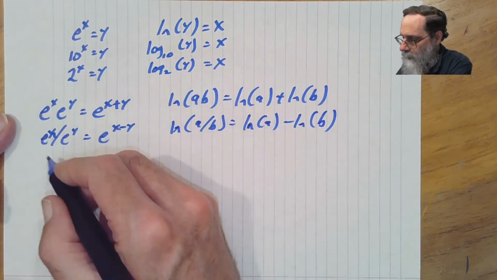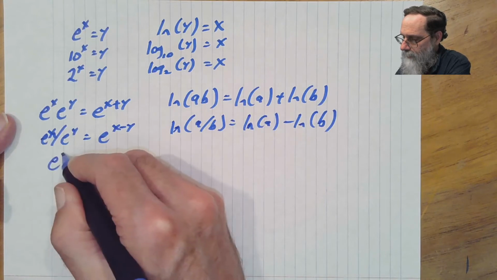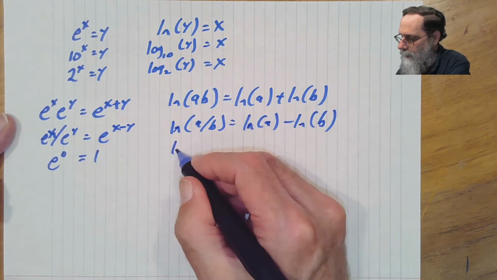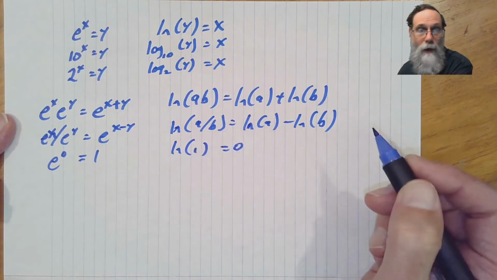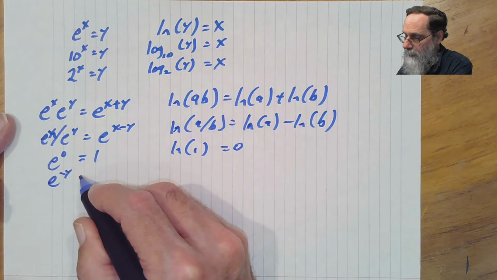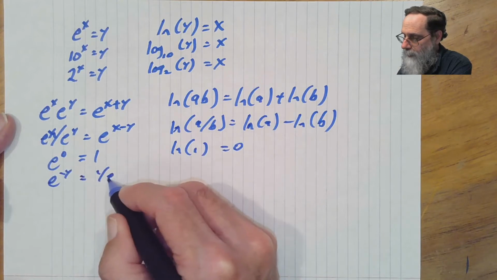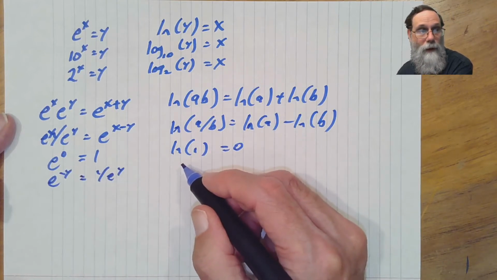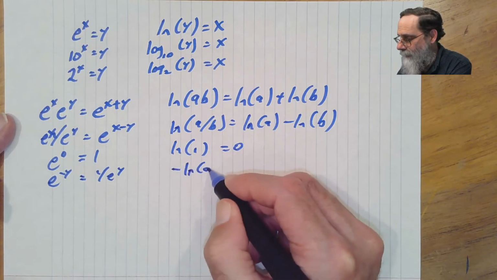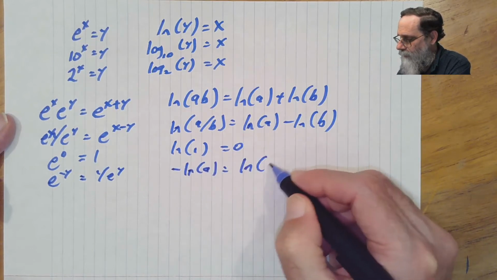A simple consequence of that: e to the 0 is 1, and so natural log of 1 is 0. E to the minus y is 1 over e to the y, so minus the natural log of a is the natural log of 1 over a.